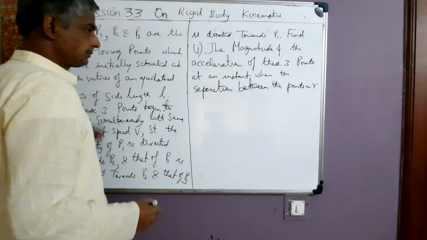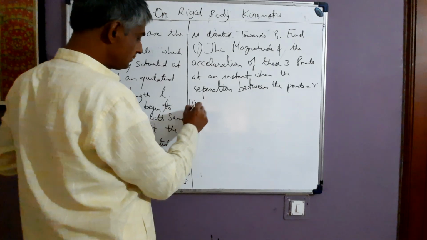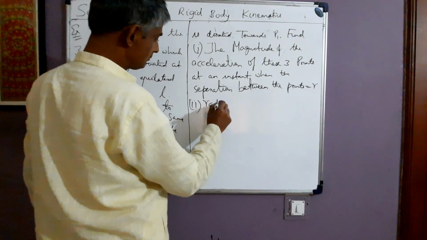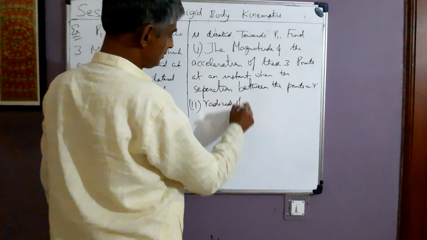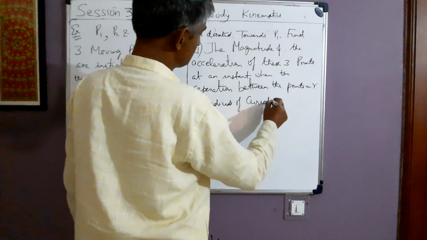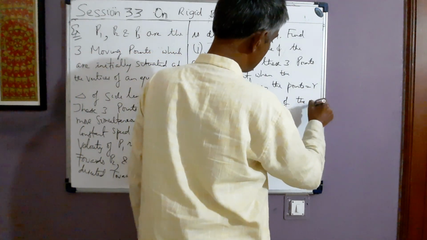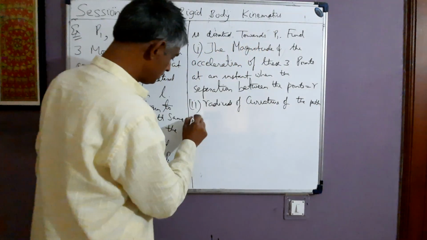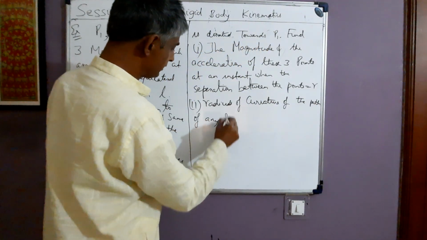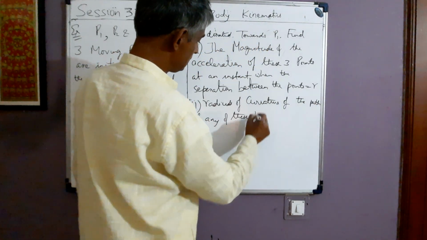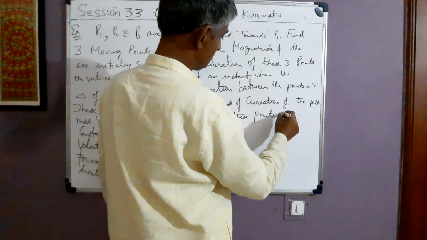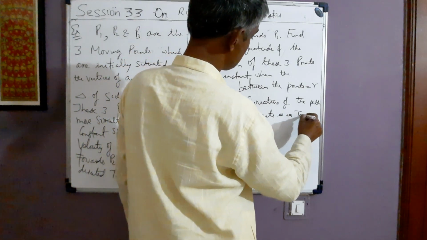Second, the radius of curvature of the path of any of these points in terms of r.